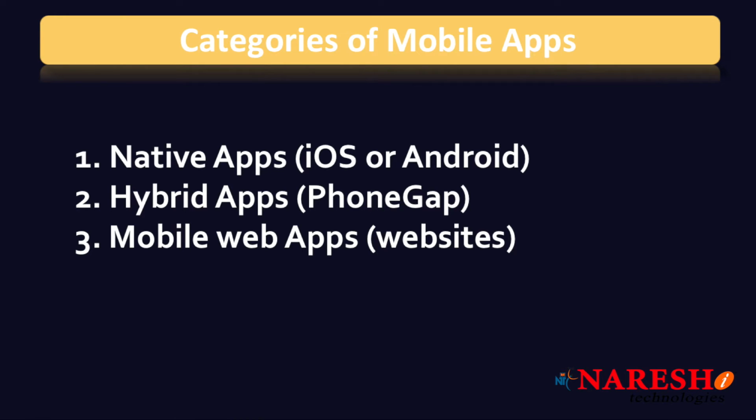Whereas hybrid apps basically run on a web view. Each platform has a web view, and on that we load the scripting language content. For example, PhoneGap is a library.